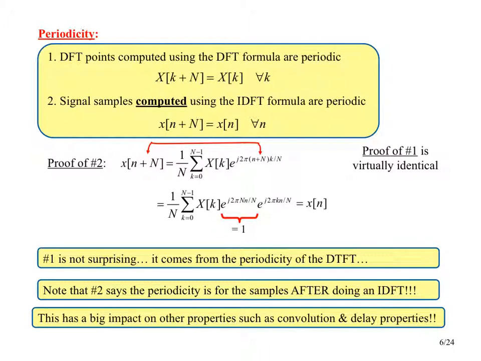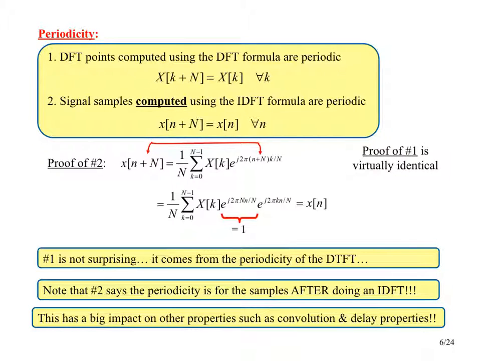Periodicity. Since the DFT ends up being points on some DTFT, and we know that since it's a DTFT, it's periodic, we can easily see that the points for the DFT are also periodic. So that's a very easy result to see.